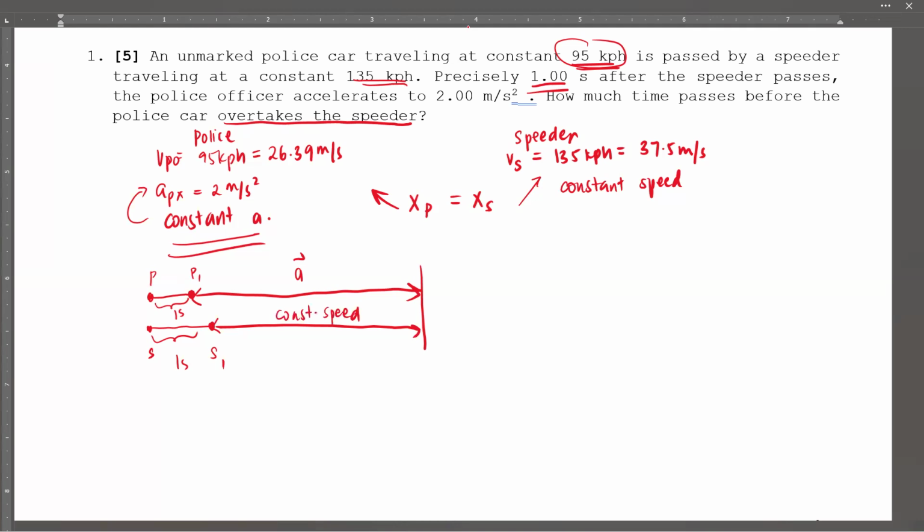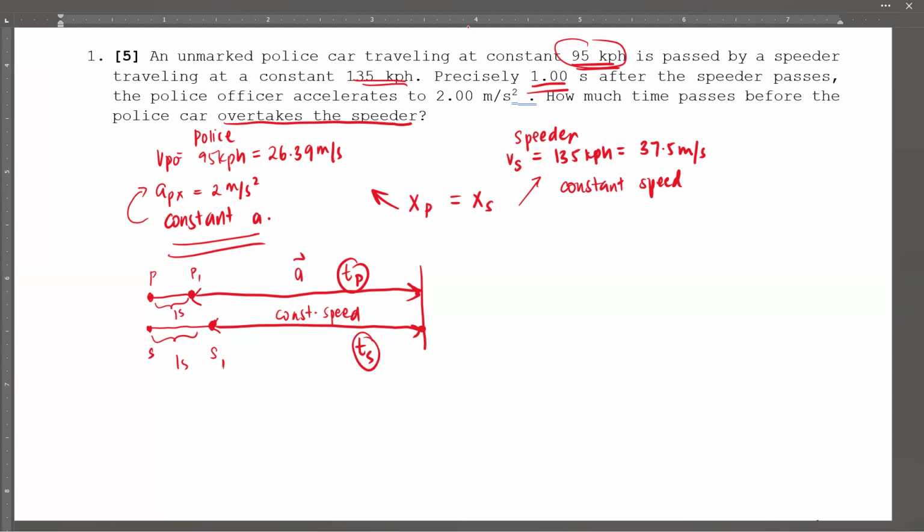Okay? So, itong time na to, from when the police started to accelerate, is time t. Ganun din kay speeder. So, 1 second, and from this point onwards, up to nung nagpantay sila, that's also time t. So, yung total time natin, time of police, time of speeder, kailangan ma-realize natin na kung 10 seconds to, 10 seconds din to.